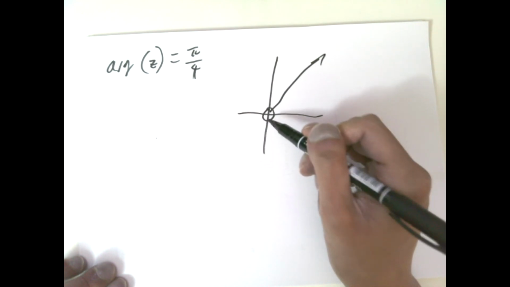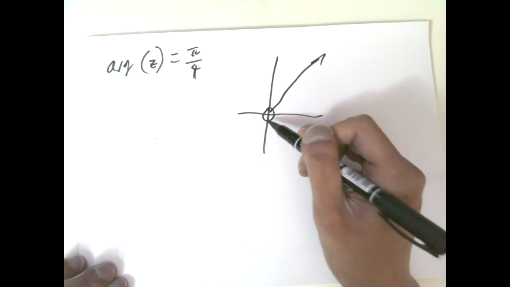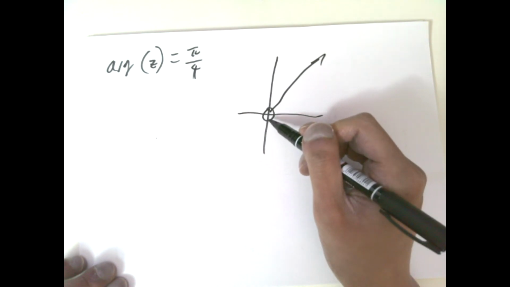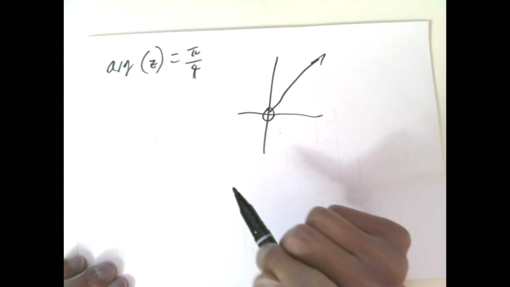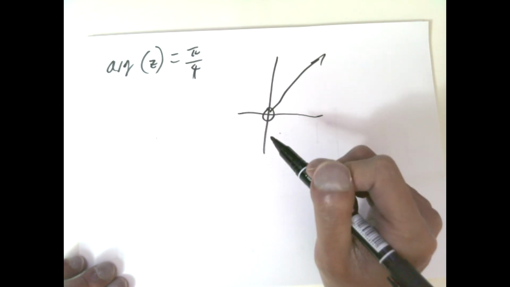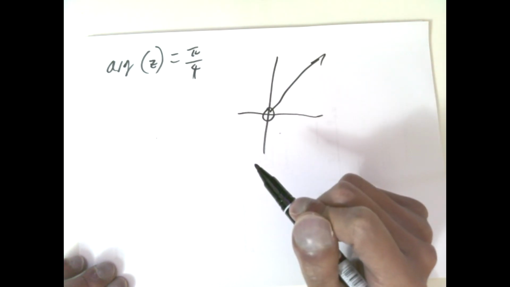Now, a good question is, why do we exclude the origin, in this case the origin of this arrow? The reason is this: at the origin, what direction are you pointing at?